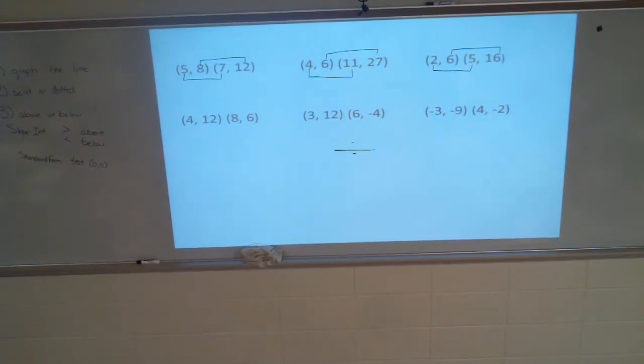Remember, reduce it, but don't change it into a mixed number. Simplify it, reduce it, but don't make it a mixed number.